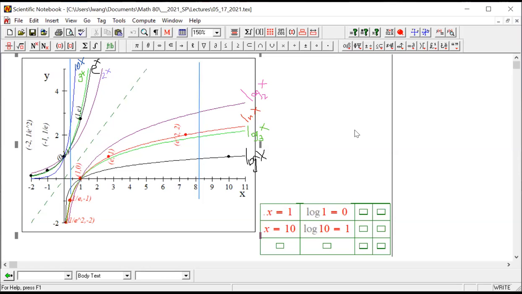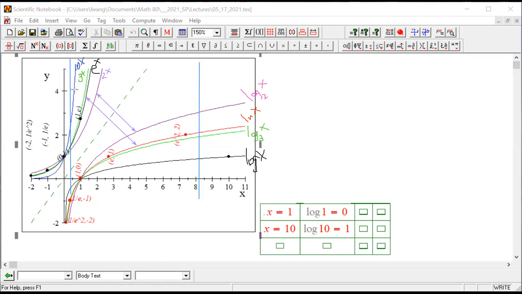And we also talk about how they're inverse functions to each other. For example, the purples are inverse to each other. And the black and the red, e to the power x and ln x, are inverse to each other.